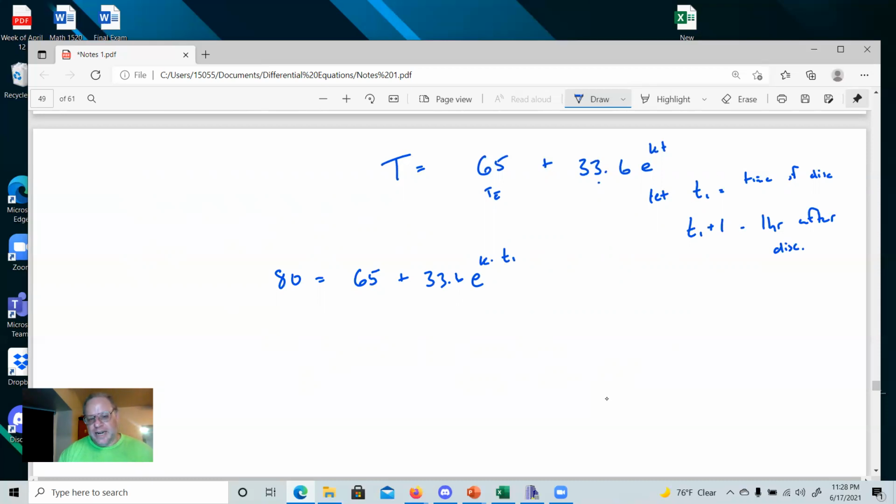And then an hour later, we have 75 is equal to 65 plus 33.6 e to the k times T1 plus 1. Notice we have two equations and two unknowns, T1 and k. We don't really care what T1 is. We're really just solving for k. So when we do our substitution, realize that k is the important one.